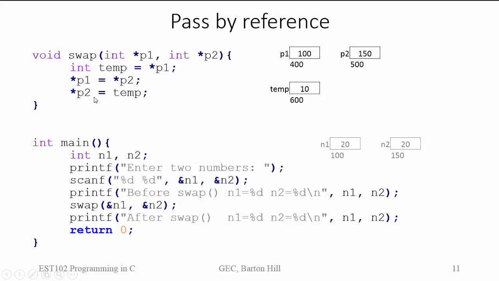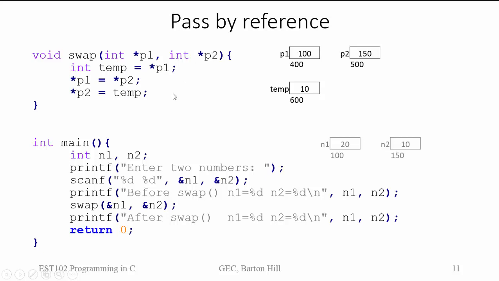Then when star P2 equal to temp is executed, the address stored in P2, that is 150, will have the value of temp. So at 150 the value of temp will be stored, so n2 becomes temp.